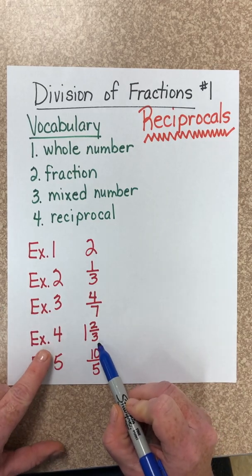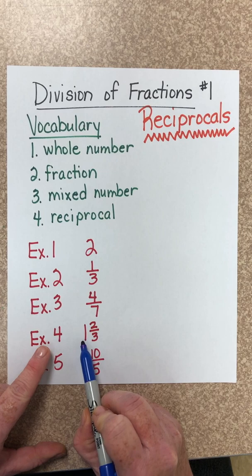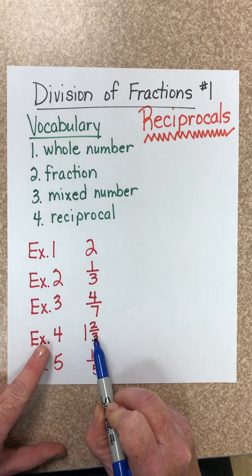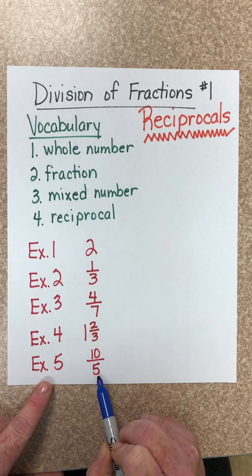The fourth example is a mixed number. A mixed number has a whole number with a fraction. And the last example is a fraction. It is not a unit fraction, but it is a fraction.